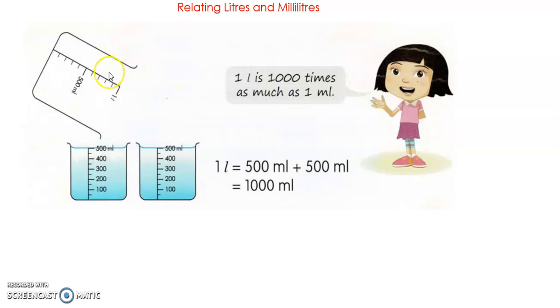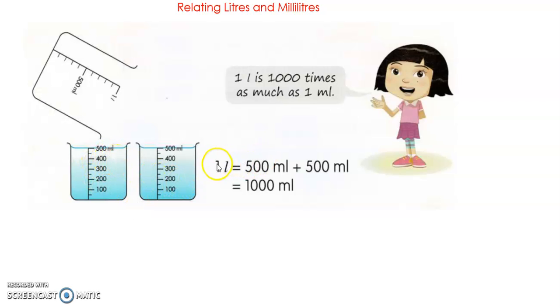Before I pour the water into the small containers, it was inside this big container and it was 1 liter. After I pour it, the water was poured into these small containers. Each one has the capacity of 500 milliliters.